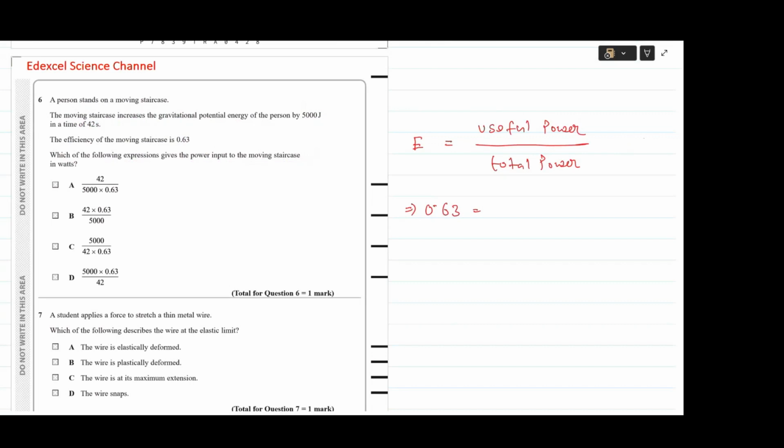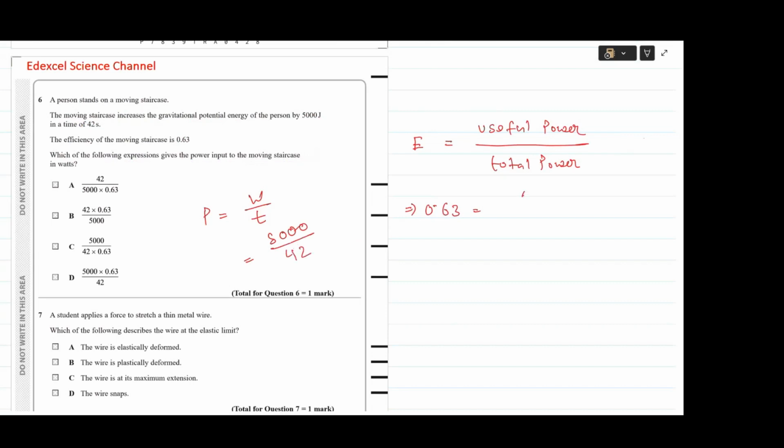Now, the useful power is that when a person is using the staircase, their energy will increase by 5,000 in a matter of 42 seconds. So we can write something like this, that we know on the side that power is work done by time taken. So work done is 5,000 divided by time taken is 42.